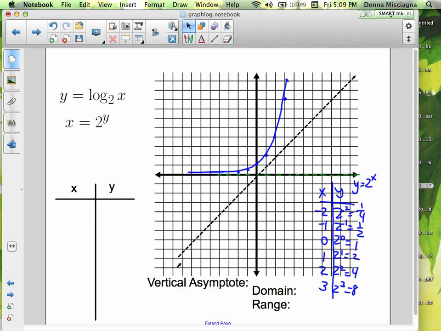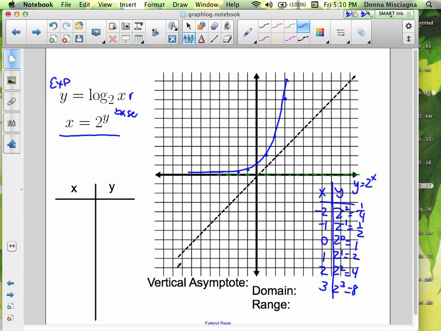All right, so now let's graph our other graph, y equals log base 2 of x. In this case, there is our function already written in exponential form. So 2 to the y equals x, because the y is the exponent, the 2 is the base, and x is the result when you raise to a power.